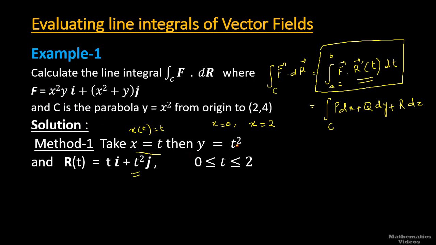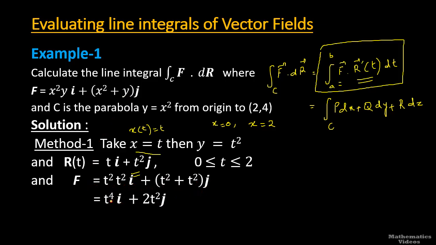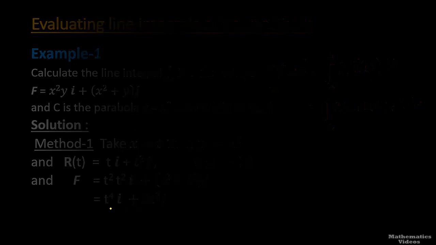Similarly, since y in terms of t is t squared, in place of y we will write t squared, so that f equal to x squared y i unit vector plus (x squared plus y) j unit vector becomes t squared times t squared i unit vector plus (t squared plus t squared) j unit vector. Very simple. This simplifies to t raised to the power 4 i unit vector plus 2 times t squared j unit vector. Hopefully this was very simple to you. Now we will move forward.